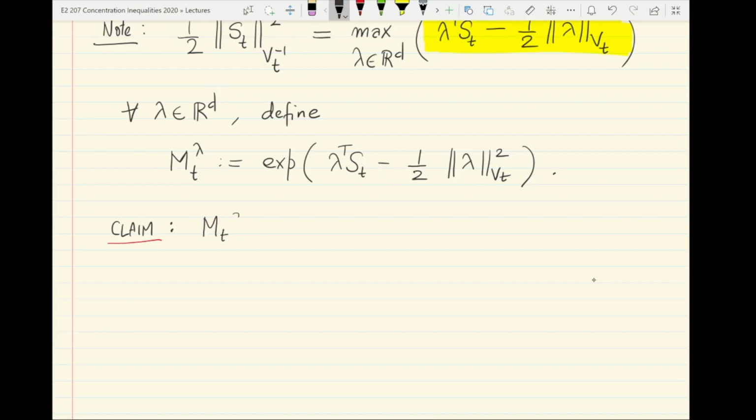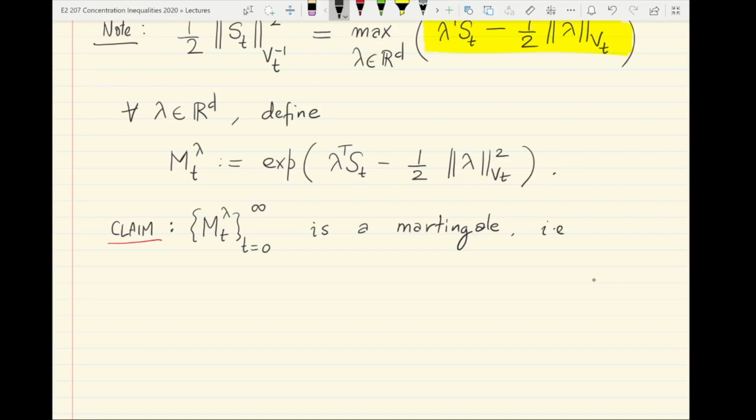It turns out that the sequence of random variables M_t(lambda), as t goes from 0 to infinity, by the way, if t is 0, this is an empty sum, so M_0(lambda) is defined to be 1, trivially. So in fact, this process over time for a fixed lambda turns out to be a martingale.